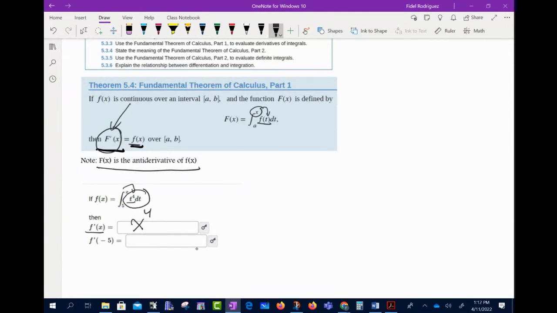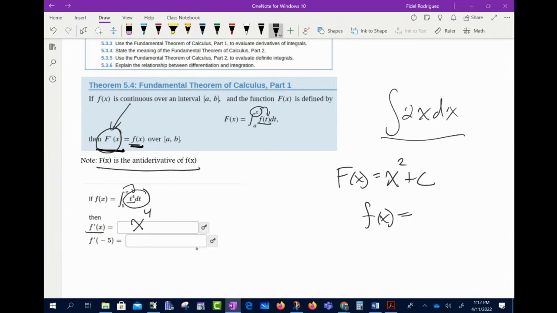Now think about that for a second, y'all. If I was integrating 2x, would you agree with me that the antiderivative would be x squared plus c? That would be the antiderivative of this indefinite integral right here. So wouldn't the derivative just be 2x? And all I'm doing is taking that upper limit and plugging it in right there.